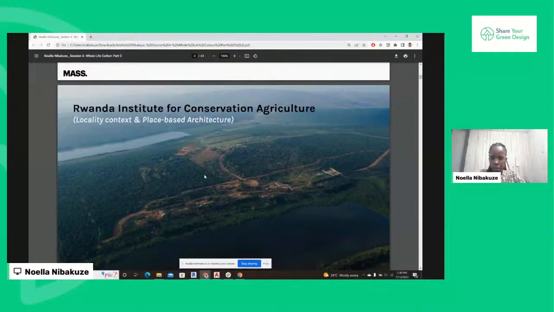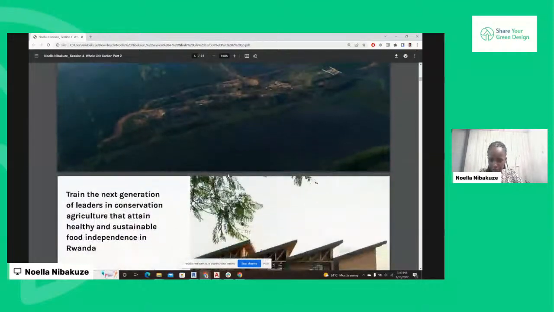This campus was funded by the Howard Buffett Foundation together with the government of Rwanda. They thought that if they can manage to build this campus in this area, where agriculture can be done in this difficult area, then it can be done in the rest of the country, but also in similar locations like Tanzania or Burundi, our neighbors.